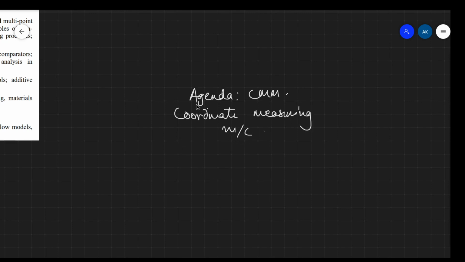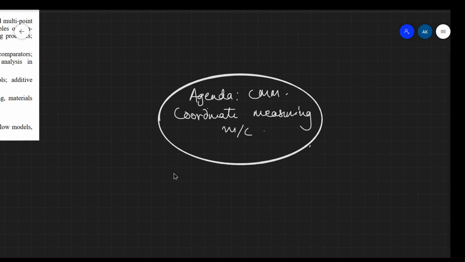Now, to understand this topic entirely, I have thought of dividing it into five parts, and one by one we will take it up. So the first part is: what is a CMM? Why is it used? What are its advantages over the usual process we were following?